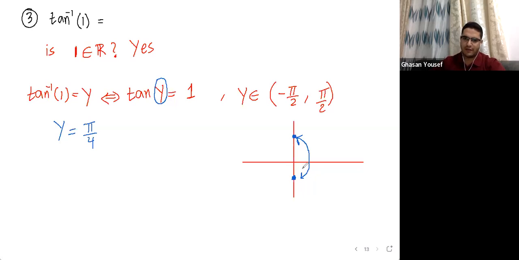Also, if I plug an angle on this side, it would give me 1, because the tan is positive there. All Students Take Calculus. No, here it is not positive. Only the cosine. This is correct. So we have only one angle, y equals pi over 4. That's it. And pi over 4 belongs to the interval between minus pi over 2 and pi over 2. Yes, because pi over 4 is here. This is the angle, pi over 4.